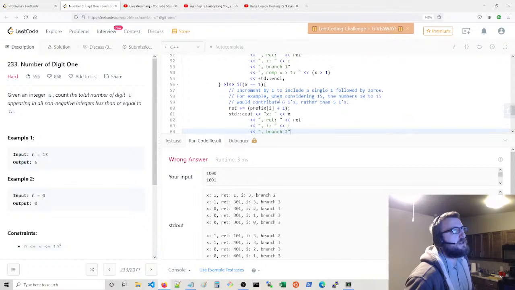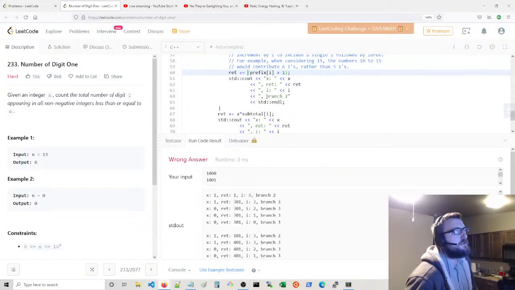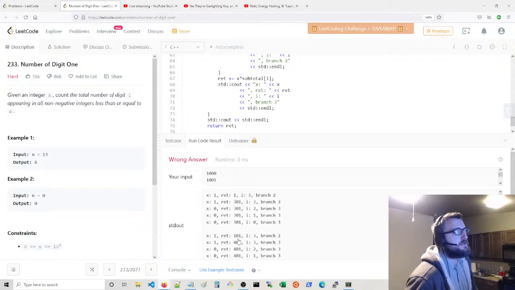Yeah, so what you want to add is this prefix. But somehow this prefix is 101. Well, that doesn't make a lot of sense. Yeah, you would add 300, that makes sense. And you would add 1.